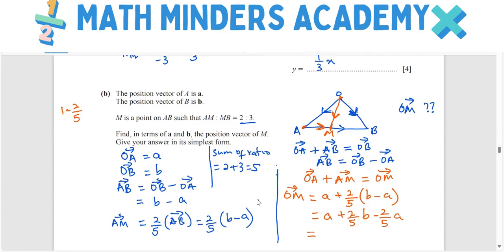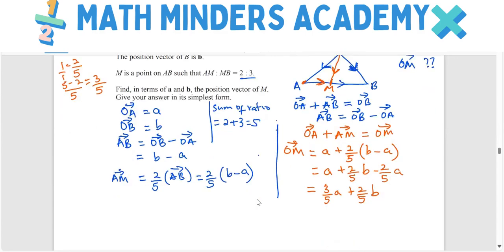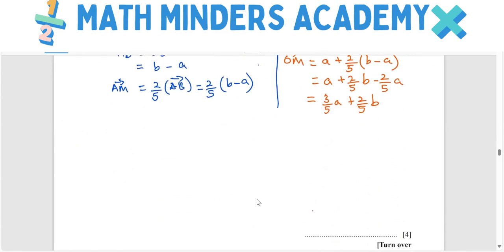If you do the LCM here, this will be 5 minus 2, that's 3/5. So this gives us 3/5 a plus 2/5 b, all right? So that will be the answer there. We write OM equals 3/5 a plus 2/5 b. So that's the position vector of M.